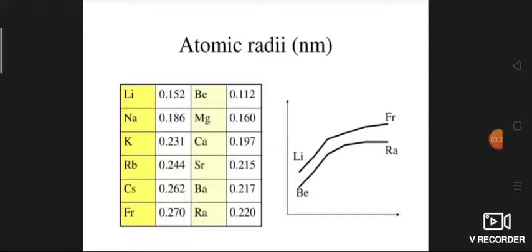Beryllium is smaller than lithium because across the period the size of the atom decreases due to increasing nuclear charge. So only radon has a smaller size than francium.